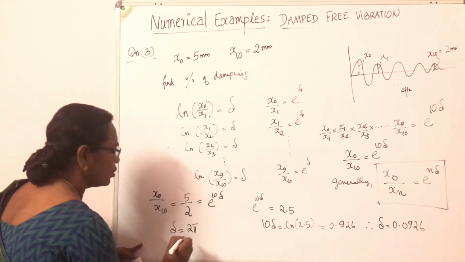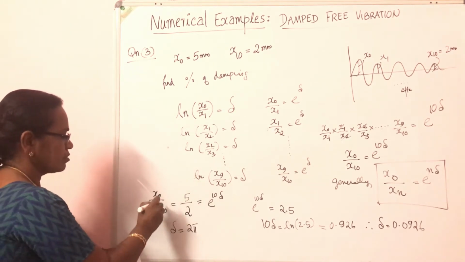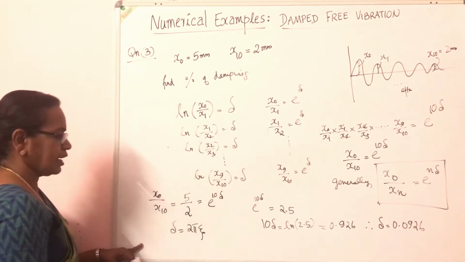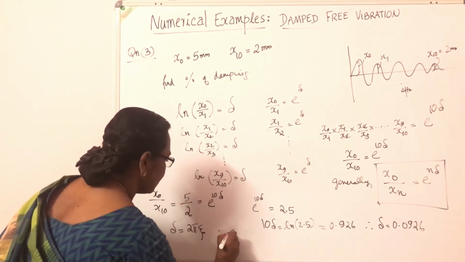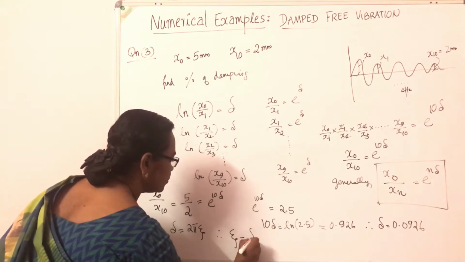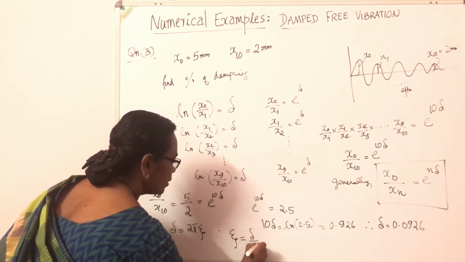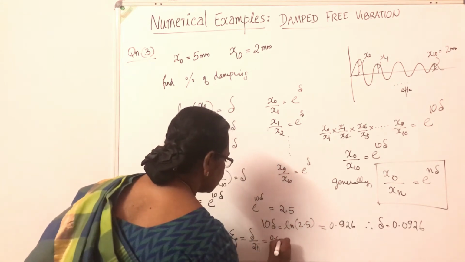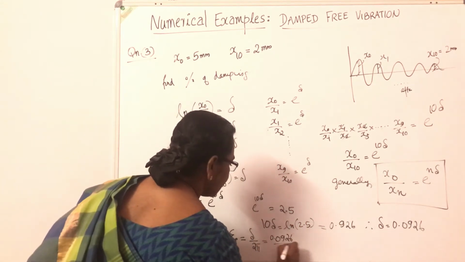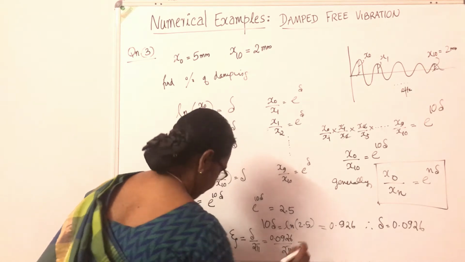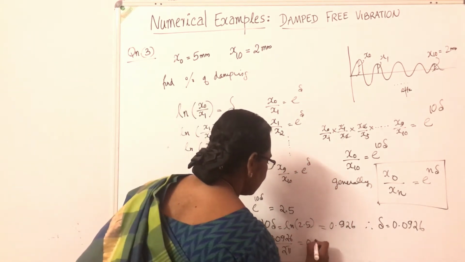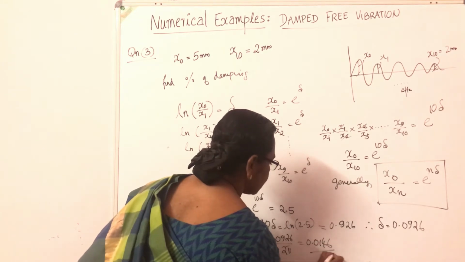Delta, the natural logarithm of two successive amplitudes, is called the logarithmic decrement. Then delta is equal to 2 pi psi. From that we get the damping ratio psi is equal to delta by 2 pi. So delta 0.0926 divided by 2 pi will give you the damping ratio 0.0146.